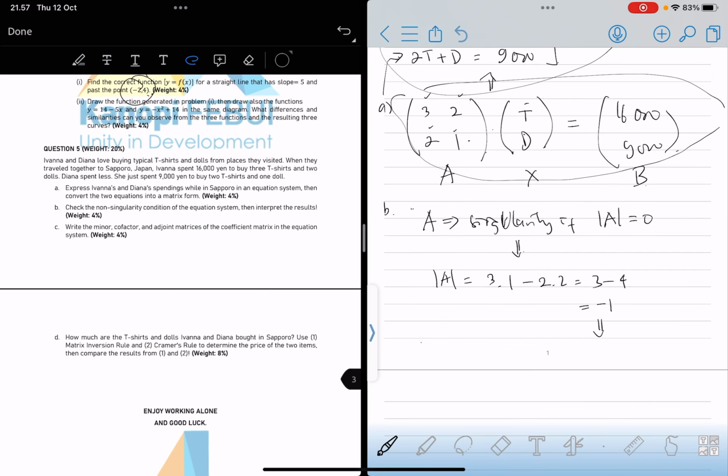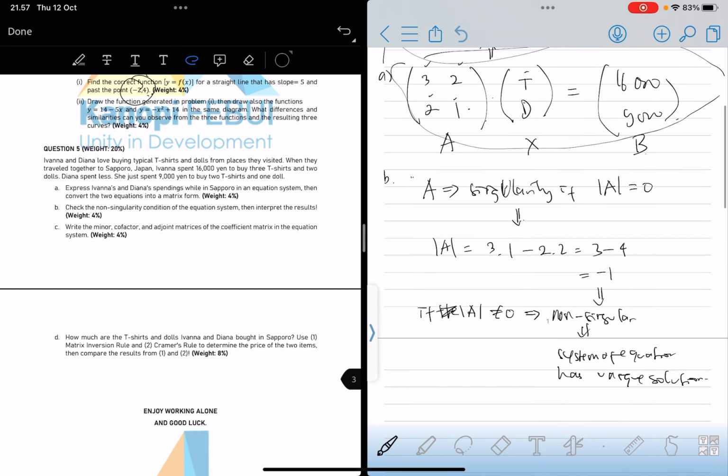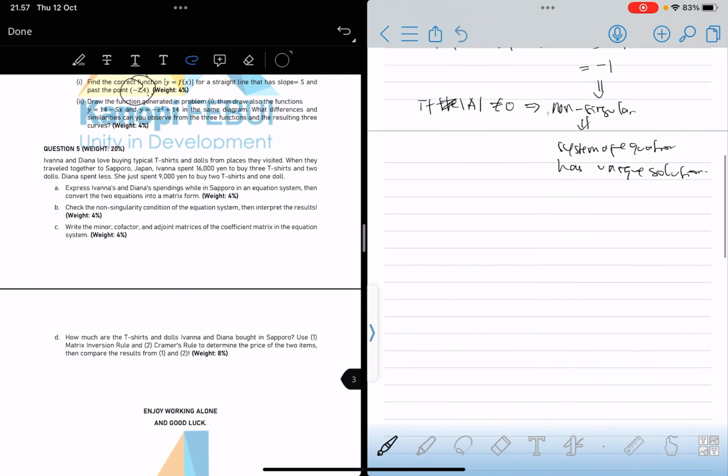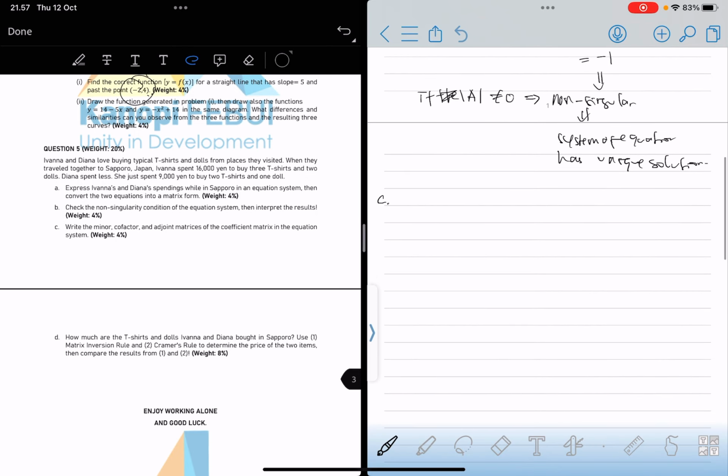If the determinant of A is not 0, it's non-singular, and the system of equations has a unique solution. Okay, so this is for question B.